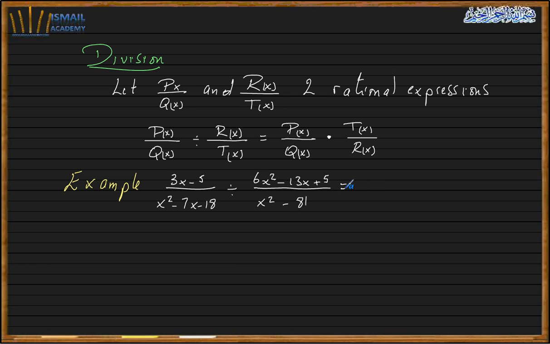Again, what we do, we keep the first one unchanged, so it's going to be 3x minus 5 over x squared minus 7x minus 18. You multiply, you flip the second one. So x squared minus 81 over 6x squared minus 13x plus 5.